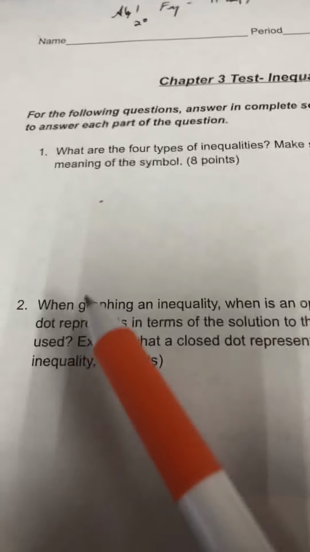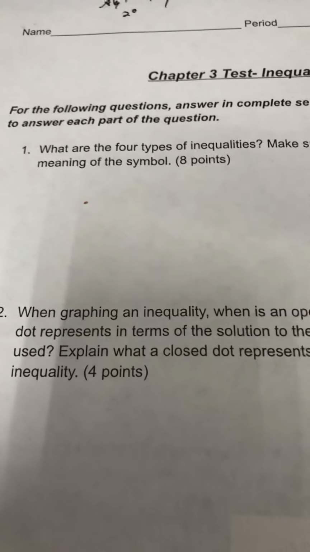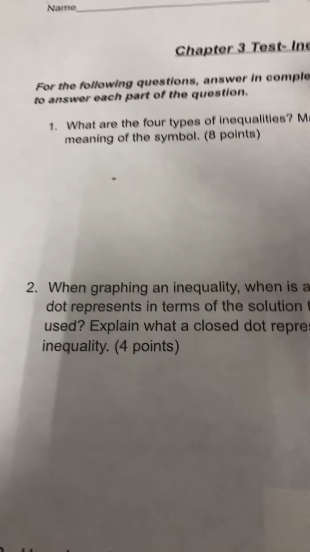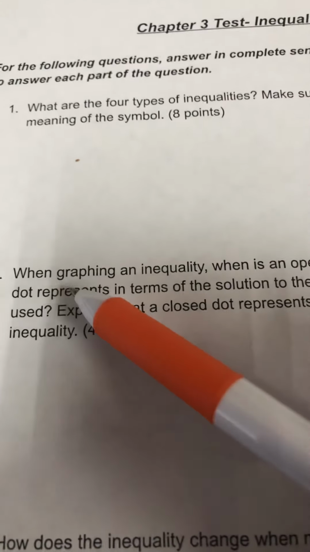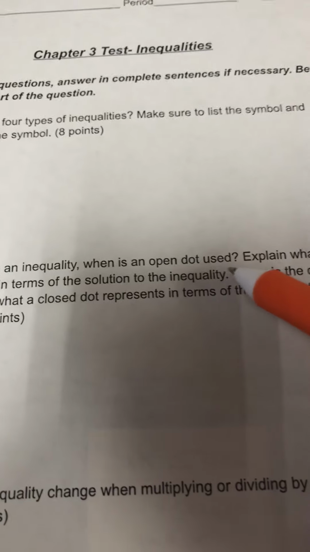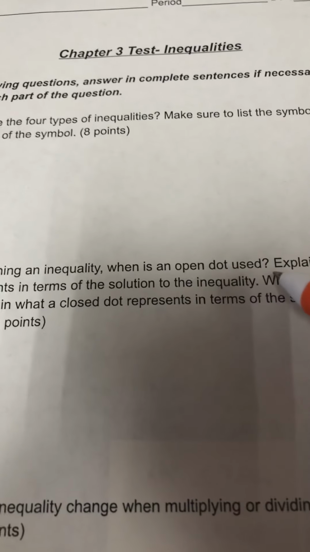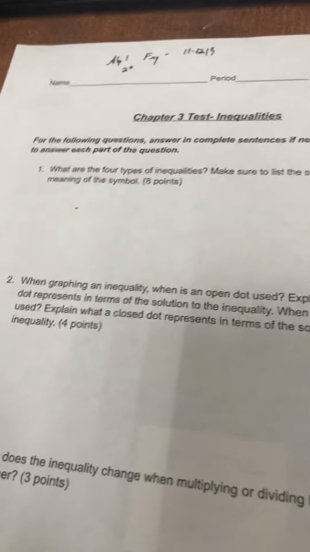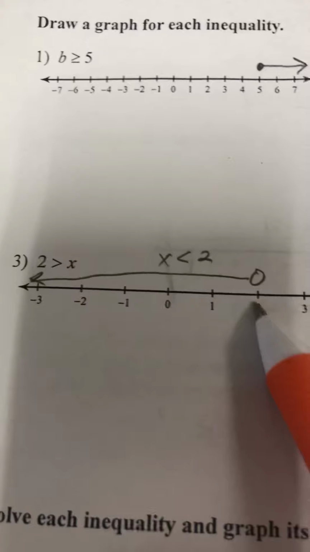For number two, and you could pause this as you need and start it back up again. Number two, when graphing an inequality, when is an open dot used? So when would you be using an open dot? An example would be like your number three.